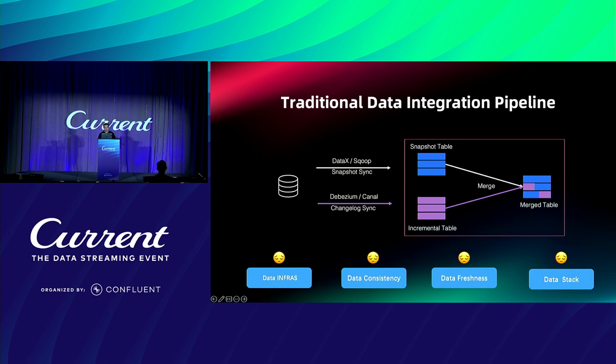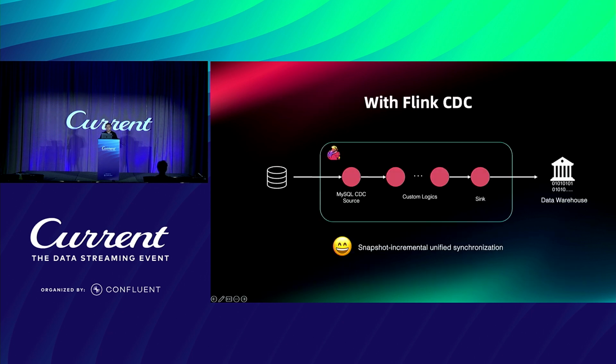As a developer, you also need to care about more of the data stack, like knowing how to deploy a Sqoop or DataX job, and you need to deploy a Debezium or Kafka Connect cluster. But with Flink CDC, what we need is only a Flink job to build your data integration pipeline.